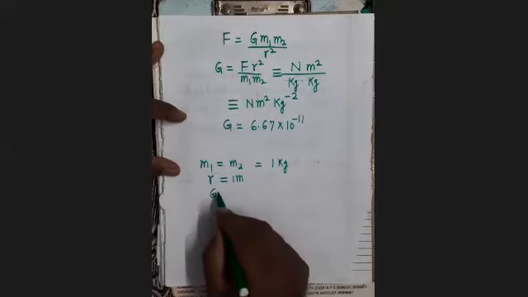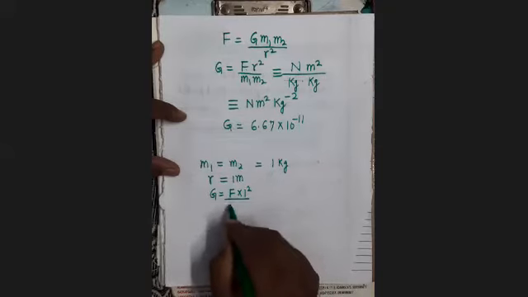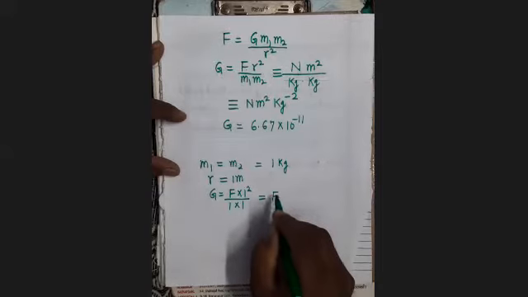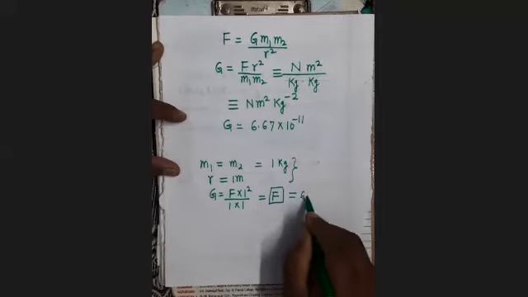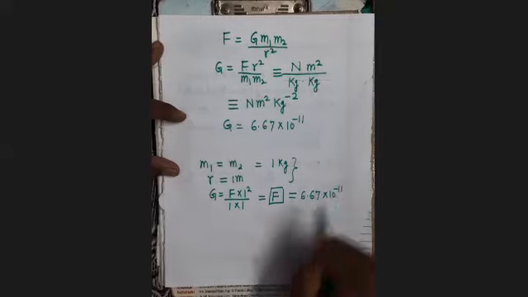Then G will be equal to what? It will be equal to F into 1 square upon 1 into 1 equals F. Experimentally, the value of this force was found, and it was found that it is equal to 6.67 into 10 to the power minus 11.